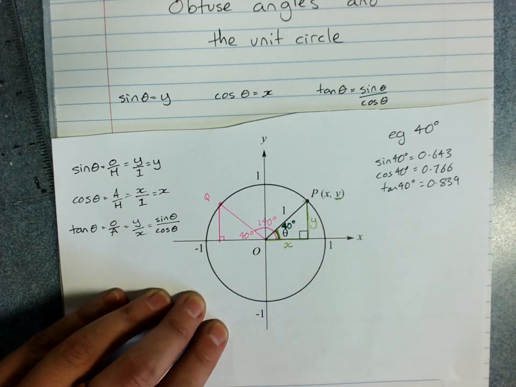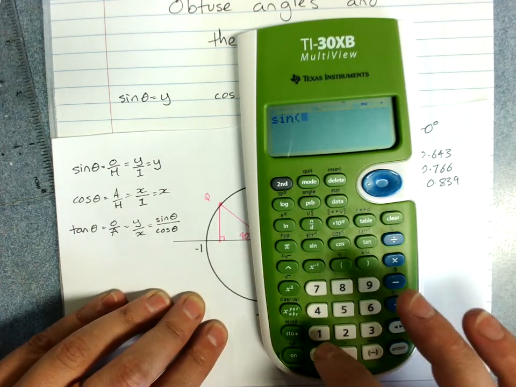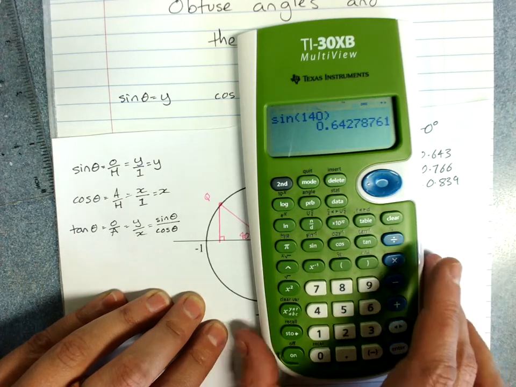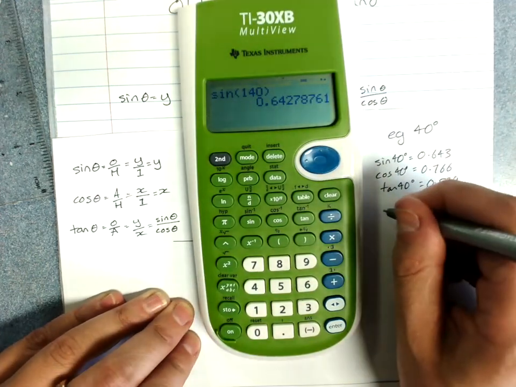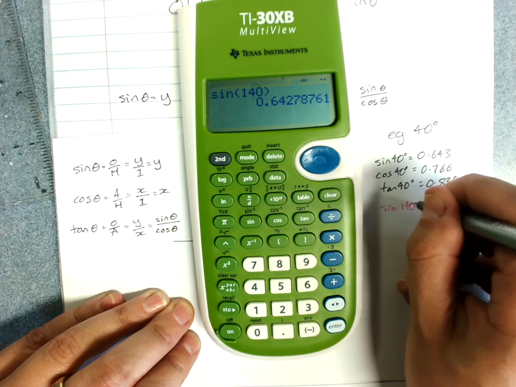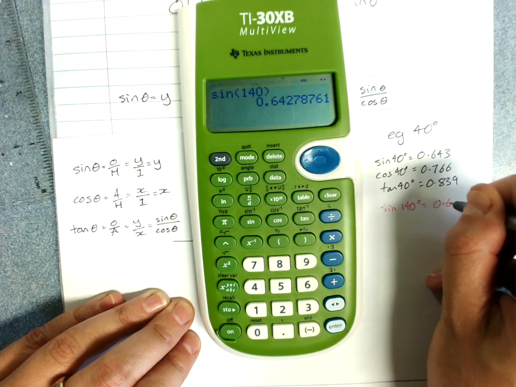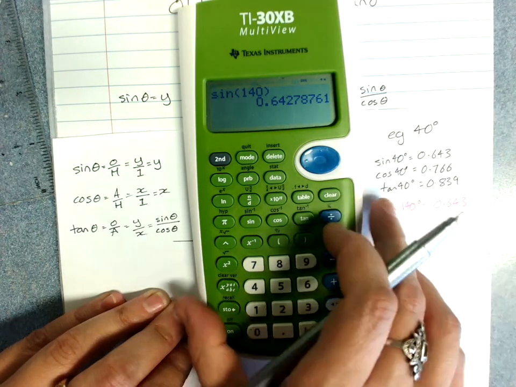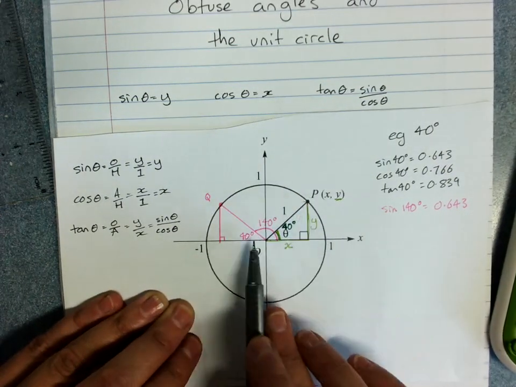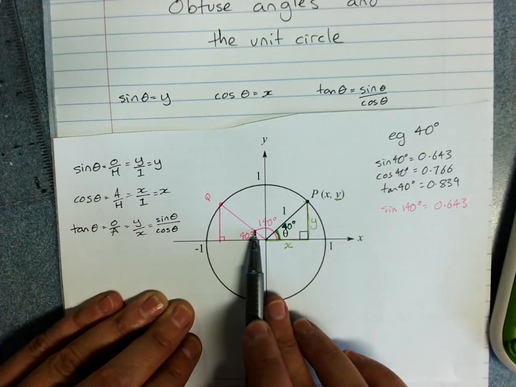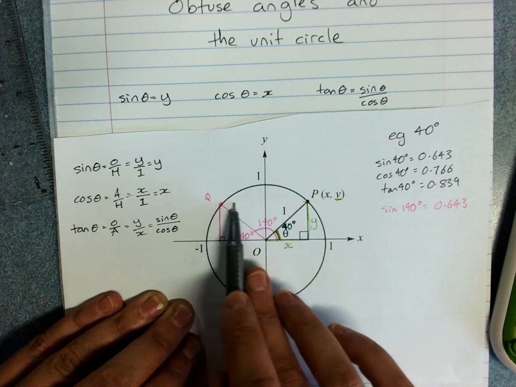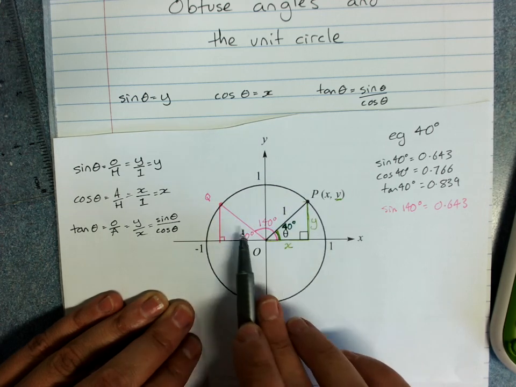If you check sine of 140 degrees, which I'll write down here, 0.643. It's the same. And it makes sense that it's the same because I've got this angle here and it's coming to exactly the same spot on the y-axis.